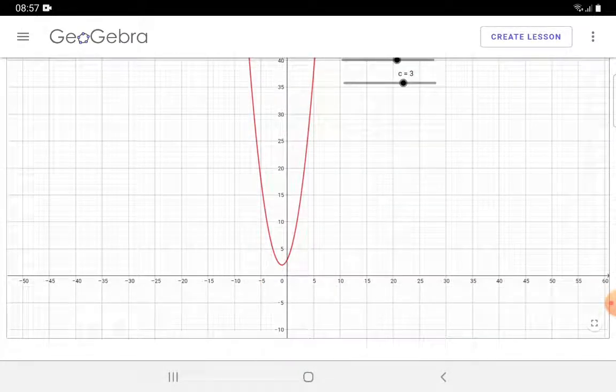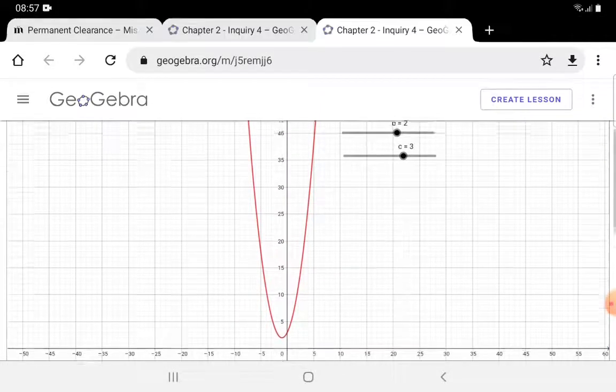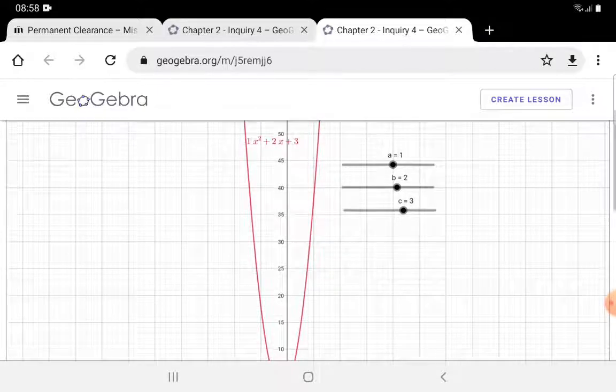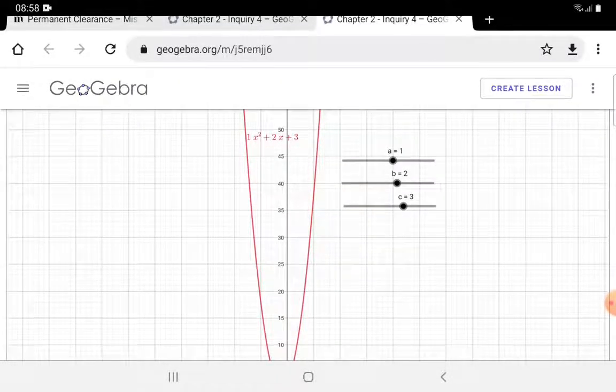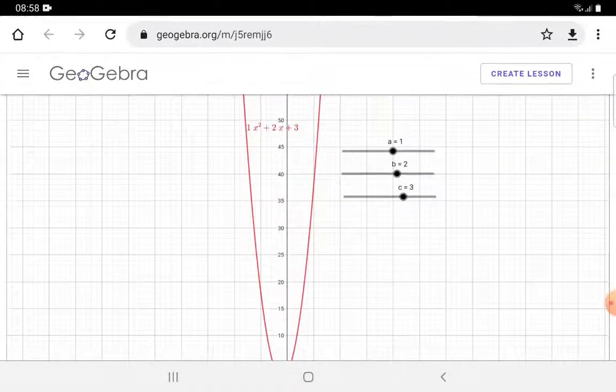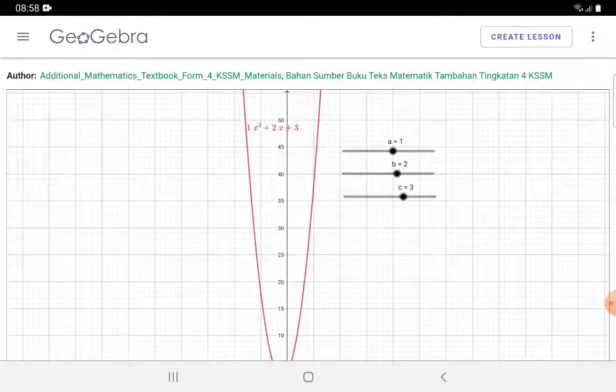This is the graph for x² + 2x + 3. So first let us try for a without touching b and c.